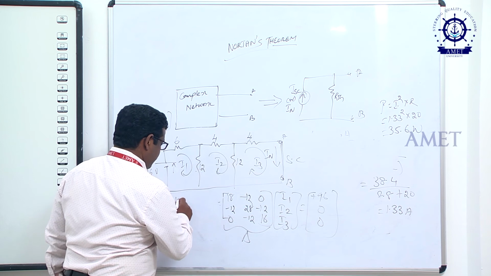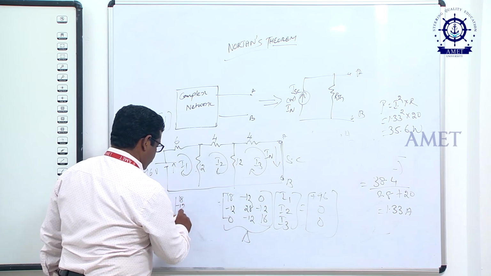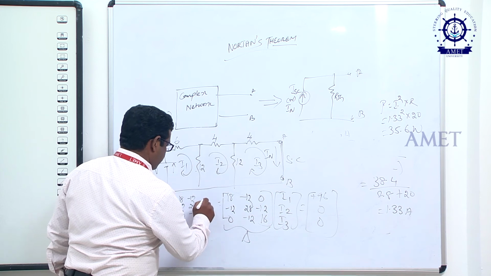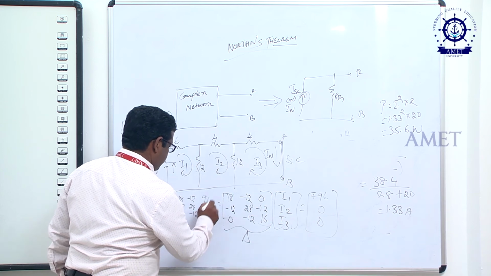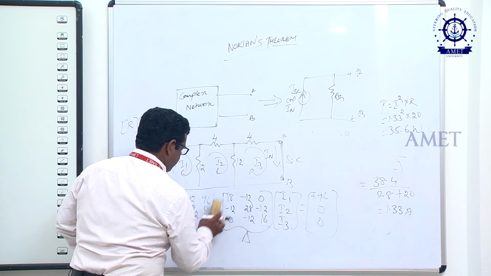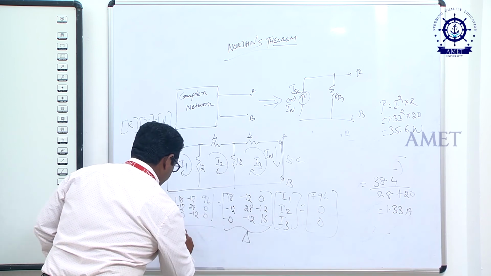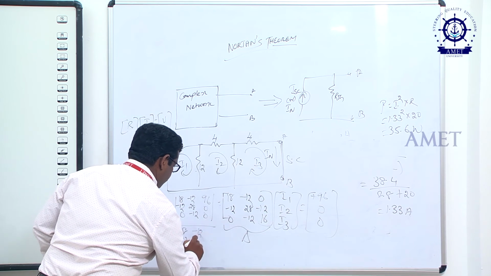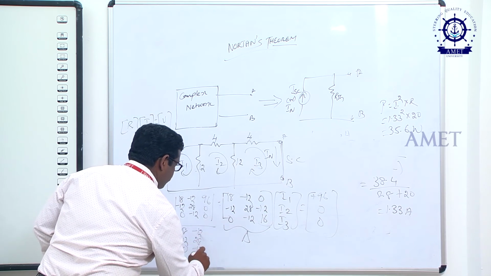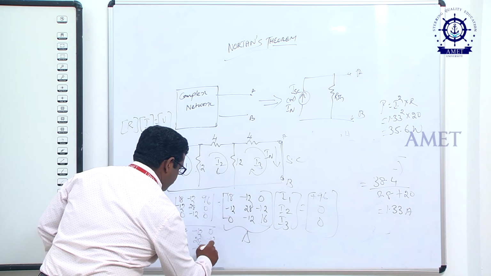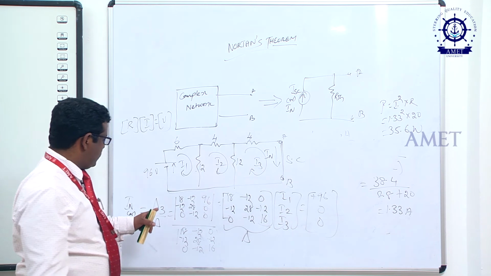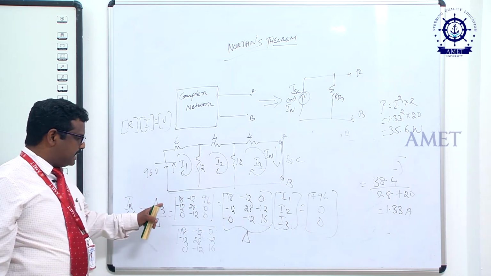What is delta 3? So, I3 is equal to delta 3 by delta.